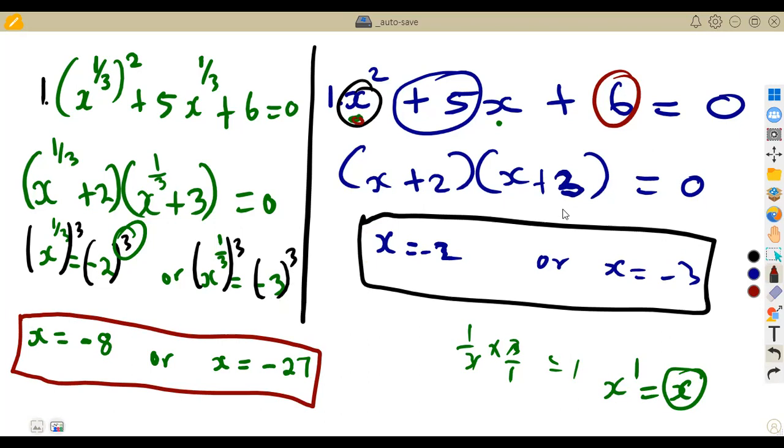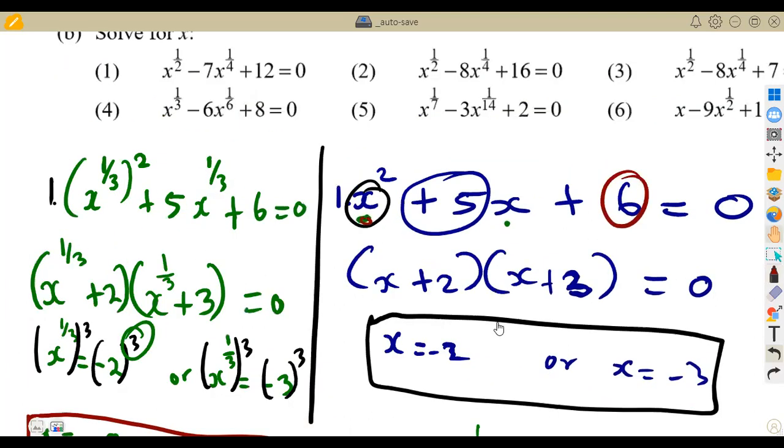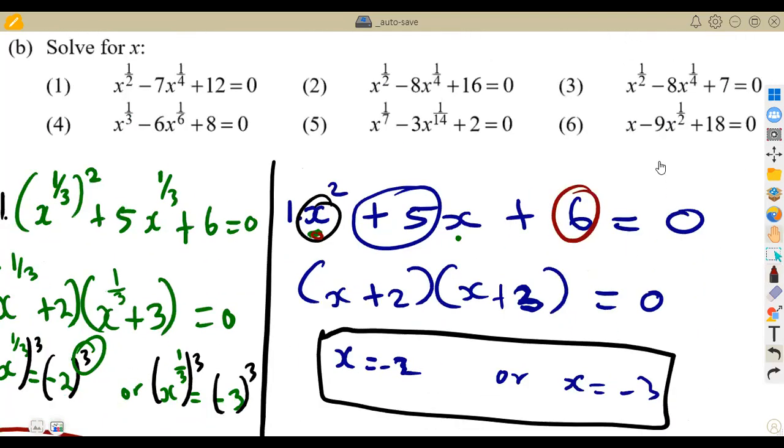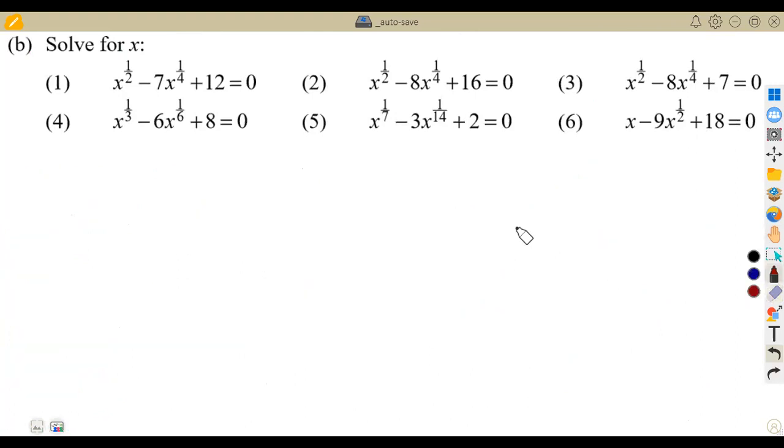It's a quadratic equation, but it's being disguised. It's just a normal quadratic equation, but they disguise it in a way that we might think it's not a quadratic equation. But all these equations that we are seeing here, these ones under exponents, when you solve them, they will give you a quadratic equation.